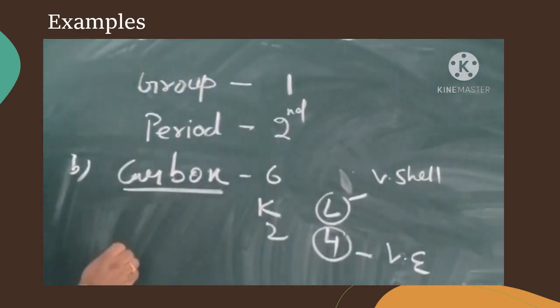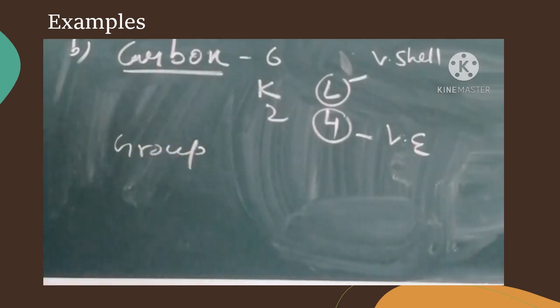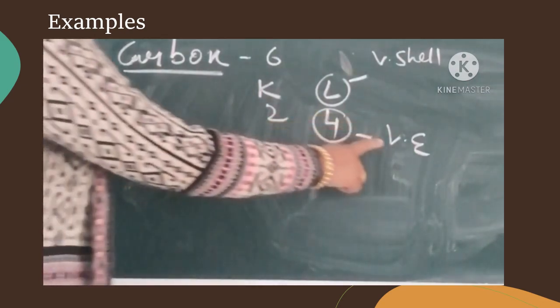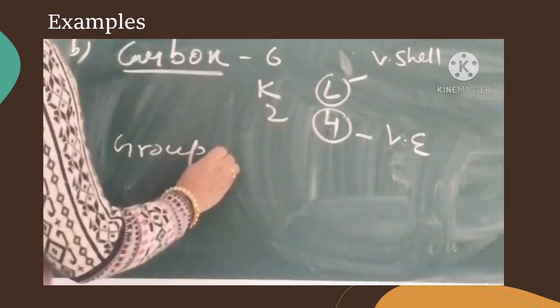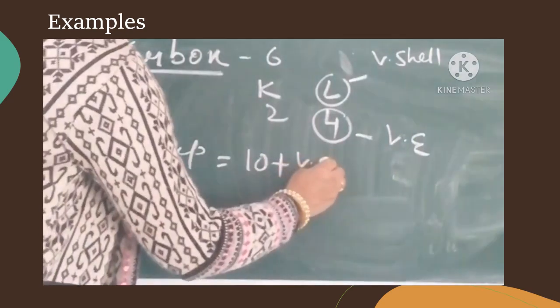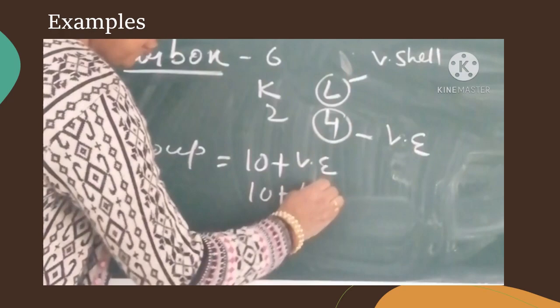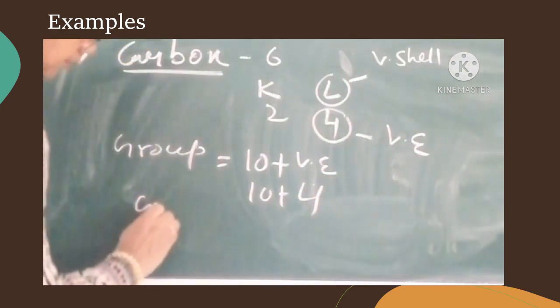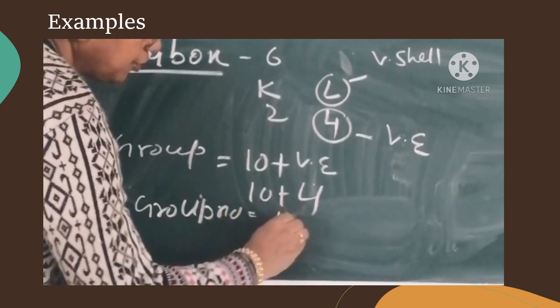Position in group: if the valence electron is 3 and above, then the group number will be 10 plus valence electrons, that is 10 plus 4, so group number is equal to 14.